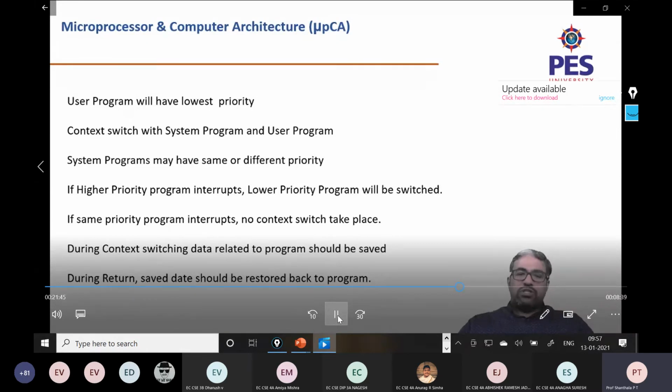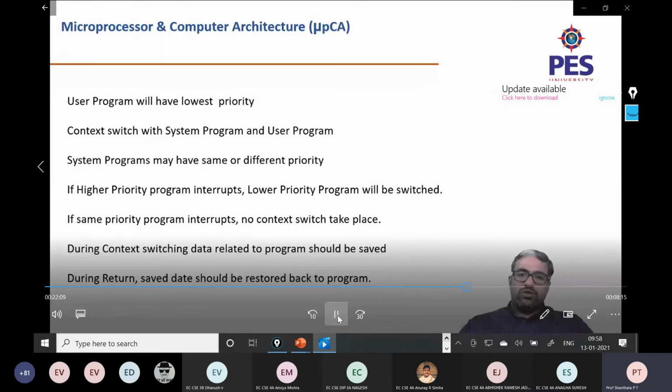So what happens when the user program is executing? Some important points which you need to remember. I'm just summarizing whatever I told till now. The user program will have the lowest priority. Context switching takes place. That means the shift from the user program to the privileged program will take place when a system program wants to execute.